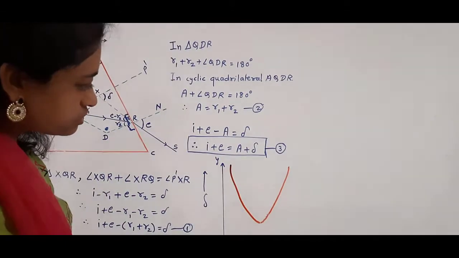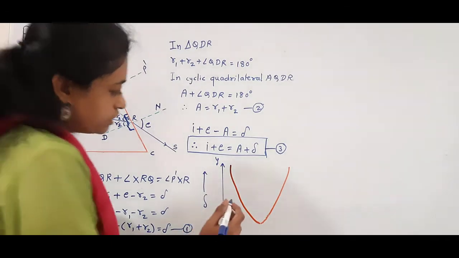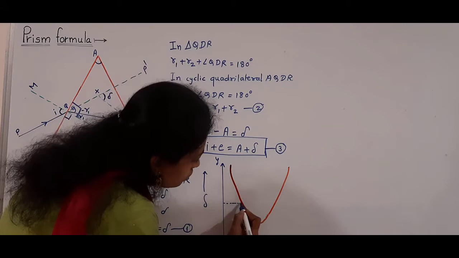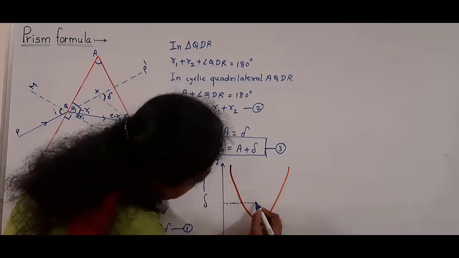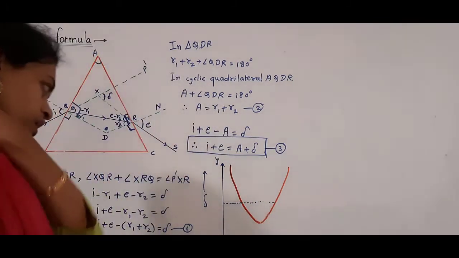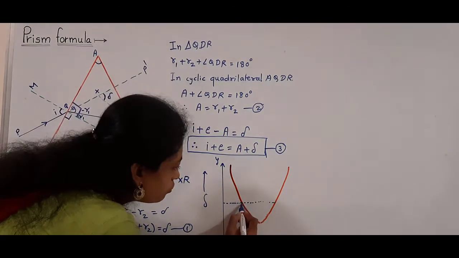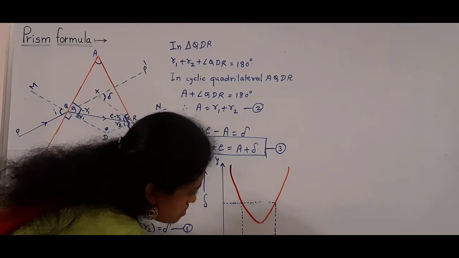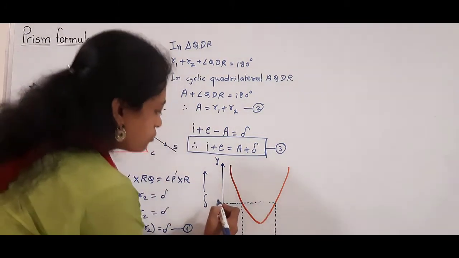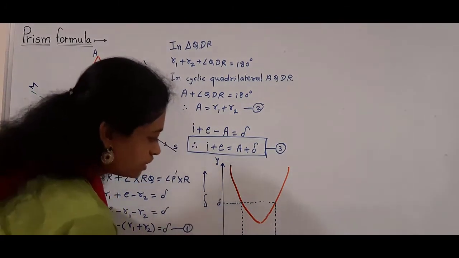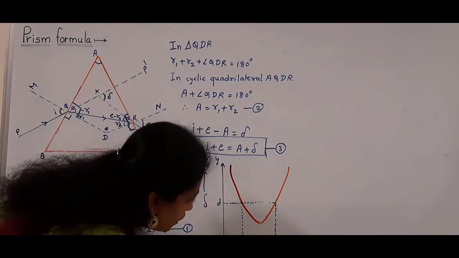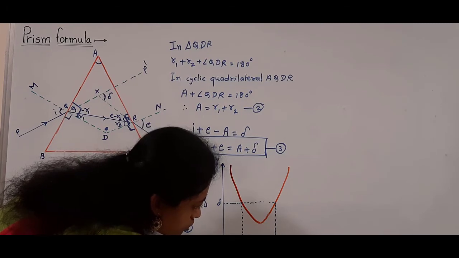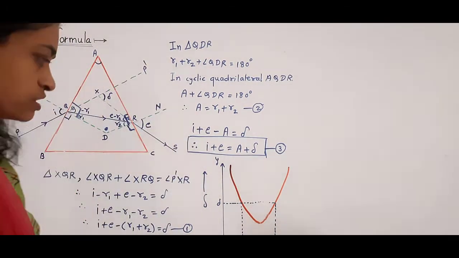Now, from this graph, if we plot the line which is perpendicular to the curve, and again take a perpendicular on the x-axis, this is the value delta, and for the delta we will get two values of angle of incidence.